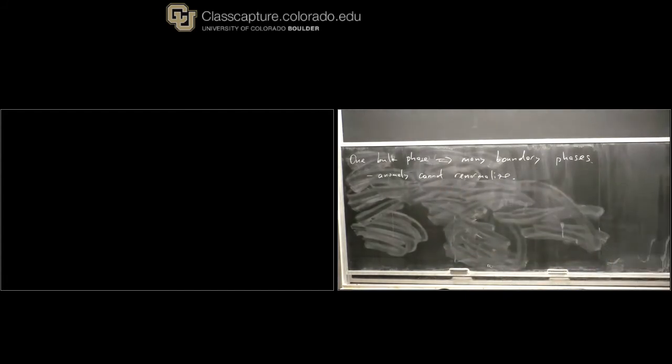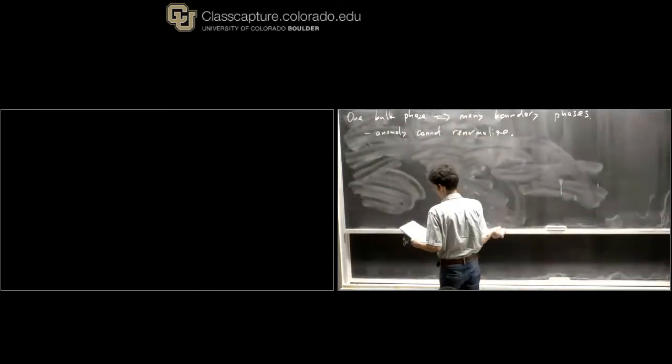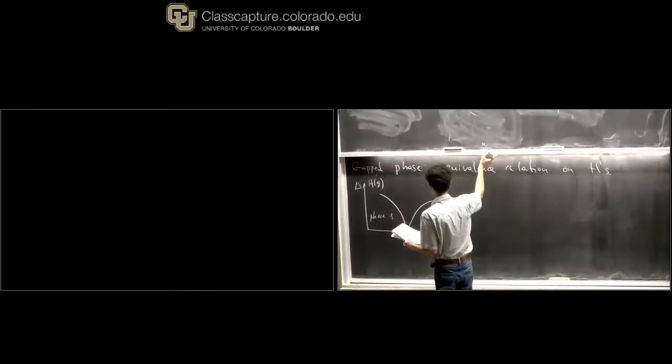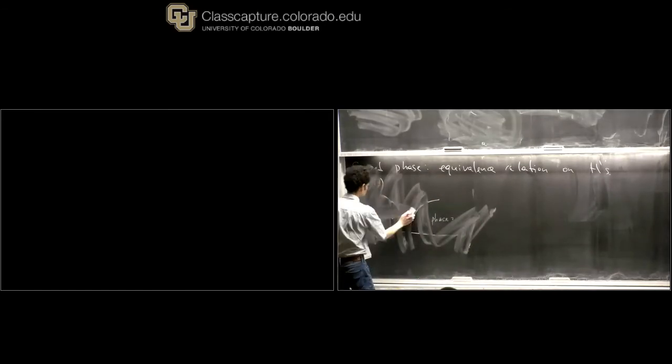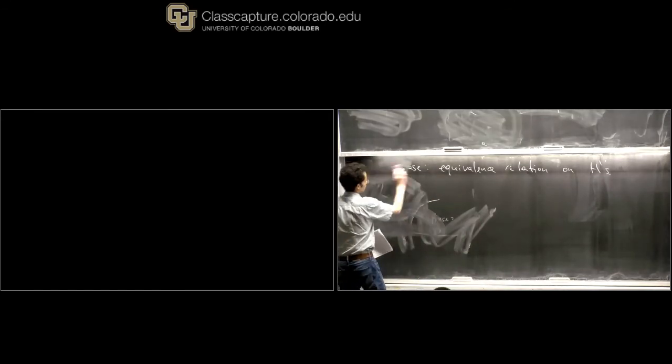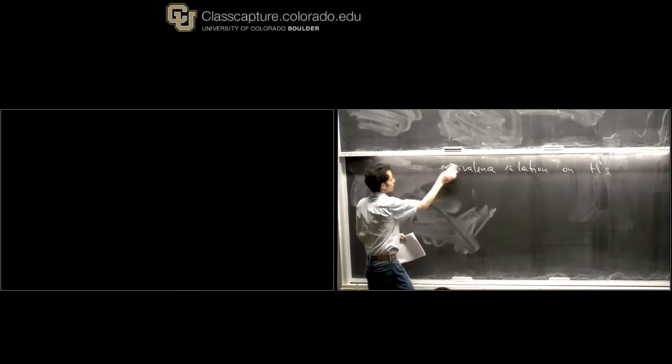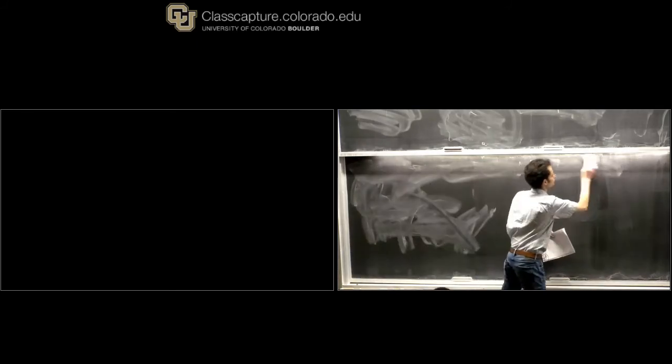All right, so let's have an example. Let's see how we're doing for time. Okay, let's discuss an example of an invertible phase, and this will involve fermions in 1+1 dimensions.